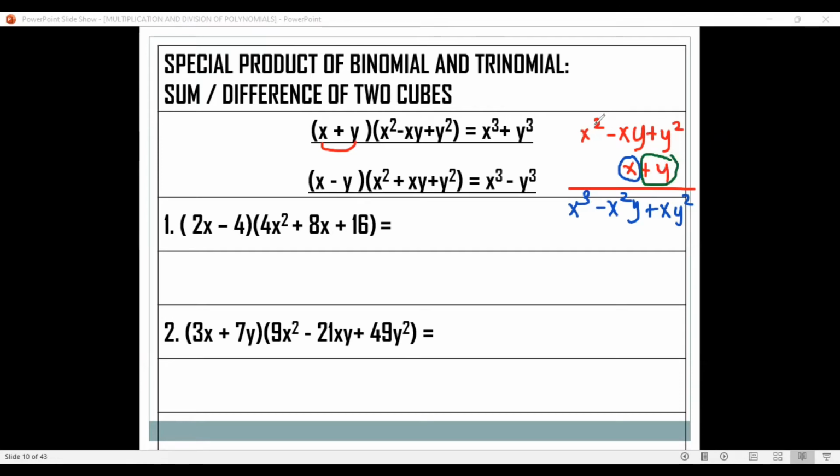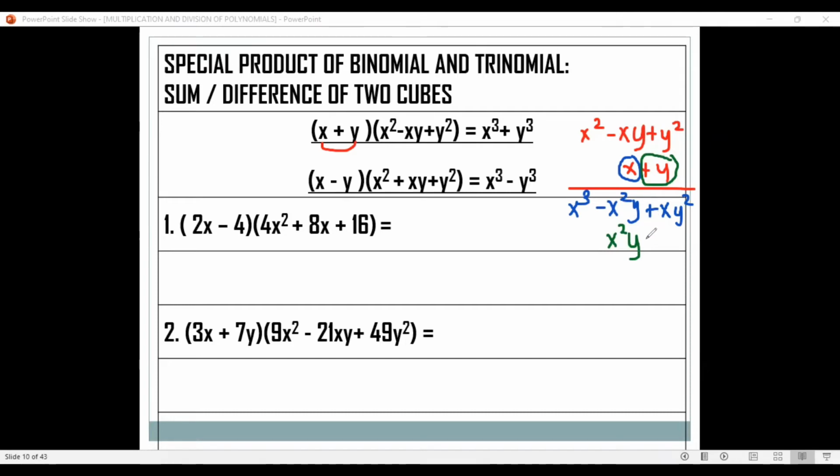It will just be proper that we write that directly below the one which is similar to it. So x squared y, which happens to be positive. And we have y multiplied by negative xy, so the answer that we will be getting there is negative xy squared.